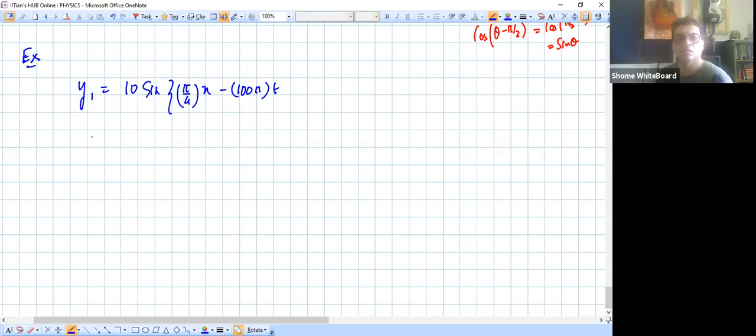Okay, and we have y2 as, say, 20 cos of pi by 2 x minus 50 pi t, where in both the equations x is in centimeters and t is in seconds.